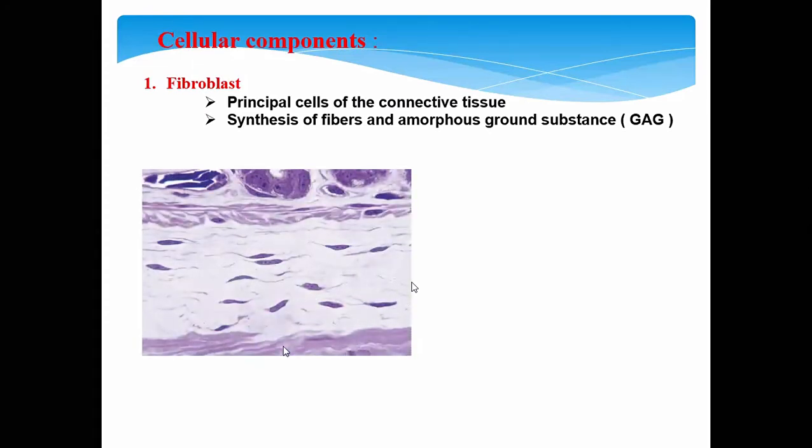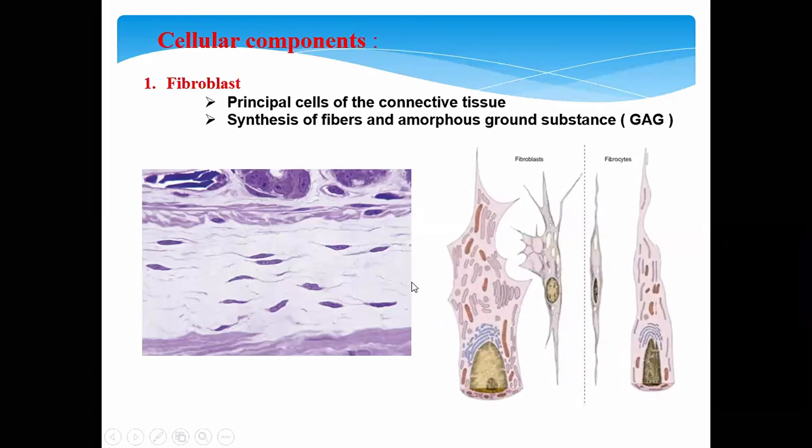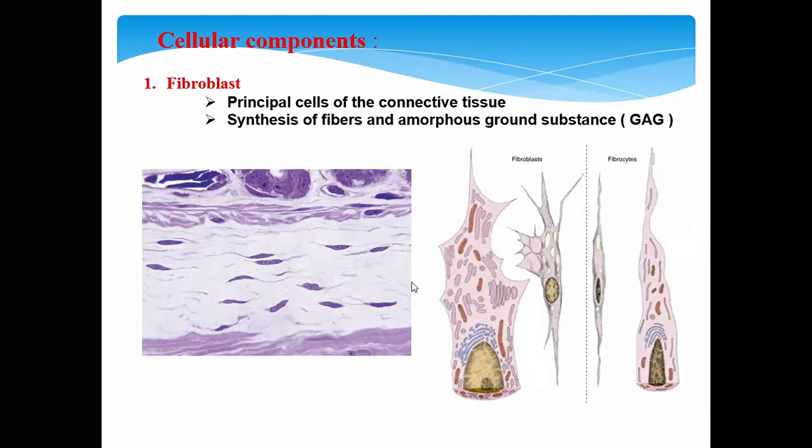Okay, here you will see this is your fibroblast. When they produce fibers, this would be the one. These are the fibers. Okay. So again, the distinction between a fibroblast and a fibrocyte.